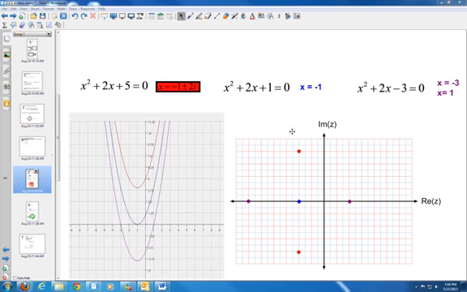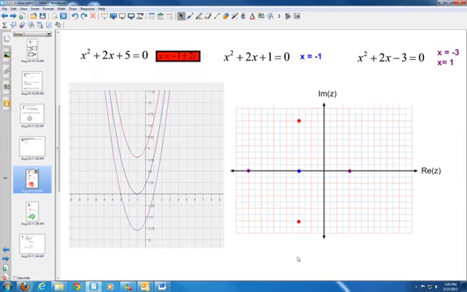As the constant term then increases from 1 going toward 5, the double root then splits into a pair of complex conjugates that are symmetric about -1. So all the complex solutions will be symmetric about -1.